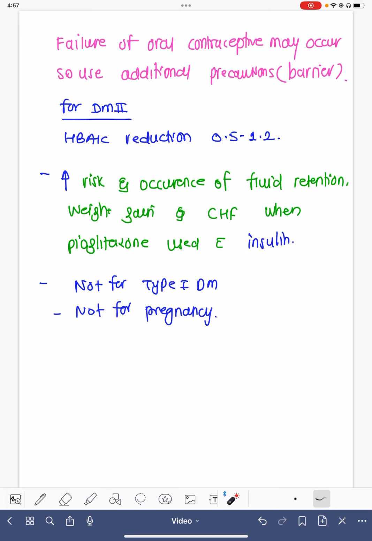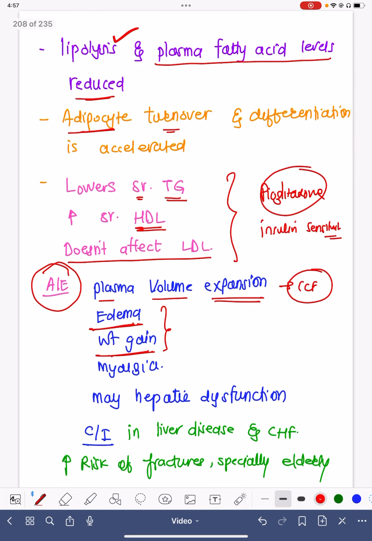So using pioglitazone with insulin has to be done very cautiously, especially in those patients who have high risk of congestive heart failure, or recurrent hospitalization, or those who are obese. In such patients, ideally, these two drugs should not be used together. This drug is not at all indicated or recommended for type 1 diabetes, and it is not at all recommended in pregnancy as well.